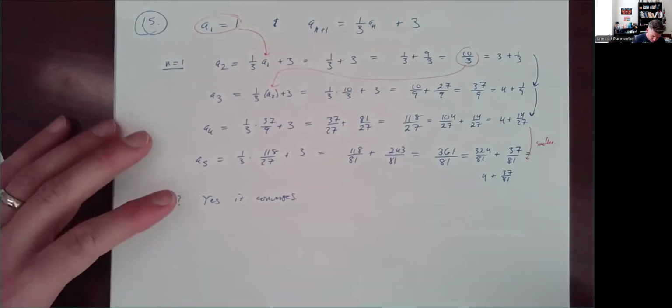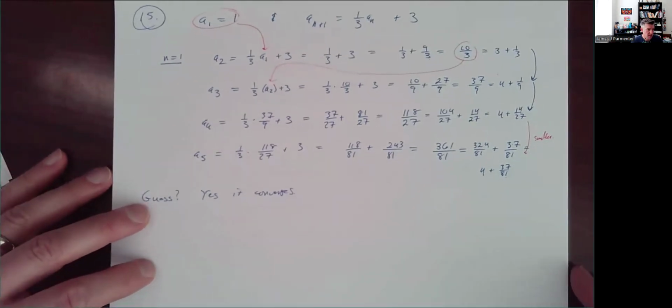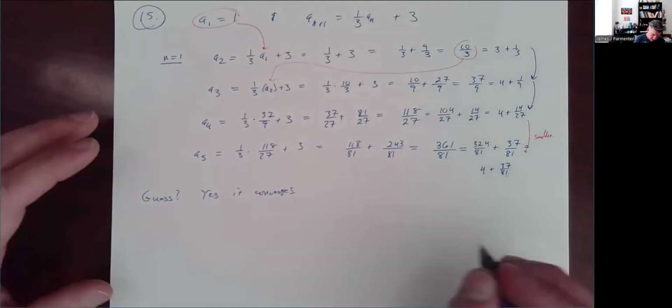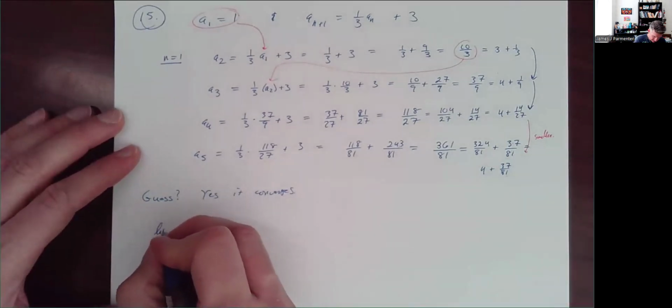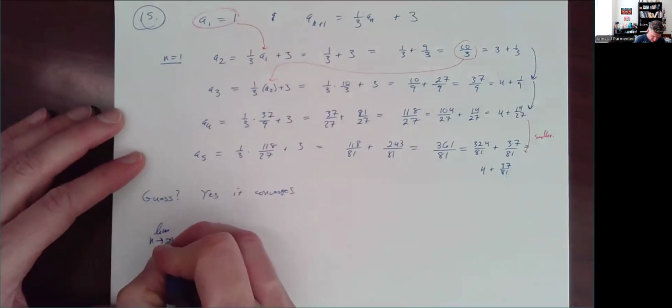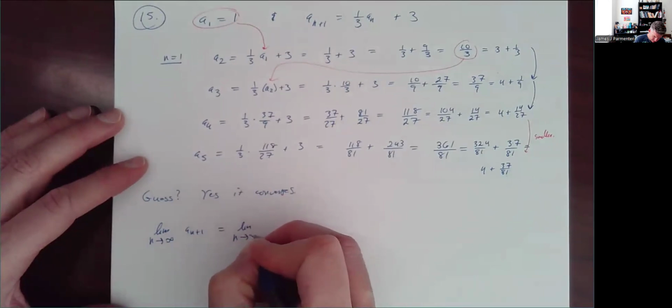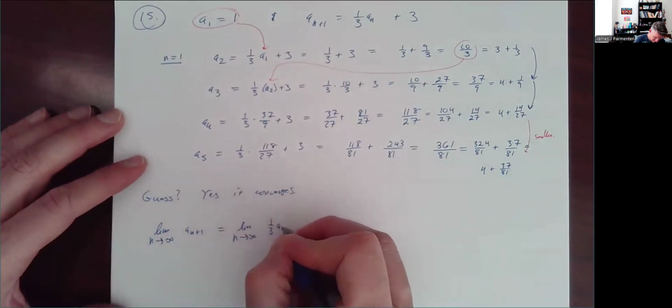Let's do the work. So the problem then says, by taking the limit as n goes to infinity of both sides, determine what the limit would have to be if it exists. So if we take the limit of both sides, the limit as n goes to infinity of a sub n plus 1 equals the limit as n goes to infinity of 1/3 a sub n plus 3.